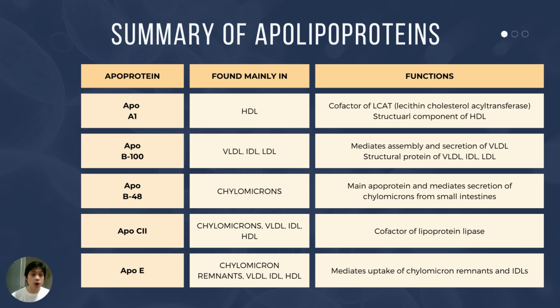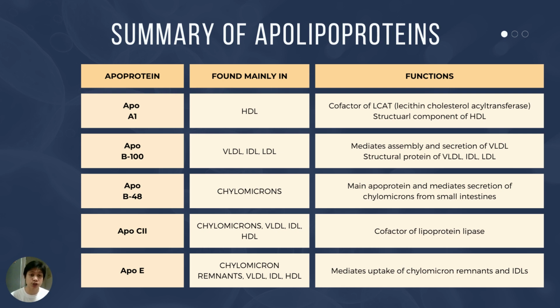So ApoA1 is found in high density lipoprotein, and it functions as a cofactor of lecithin cholesterol acyltransferase, which we will learn later. It's a structural component also of HDL.